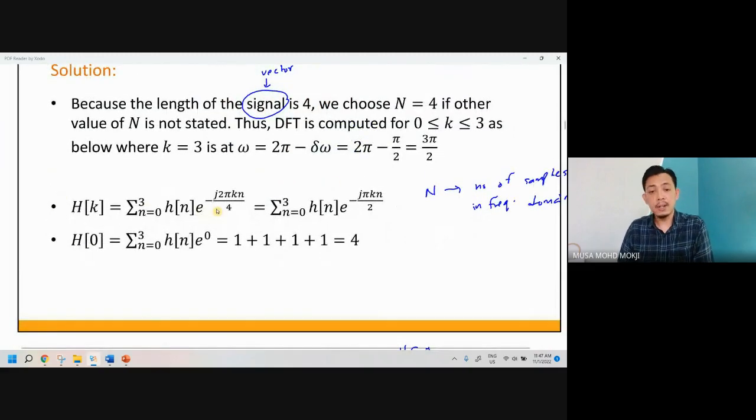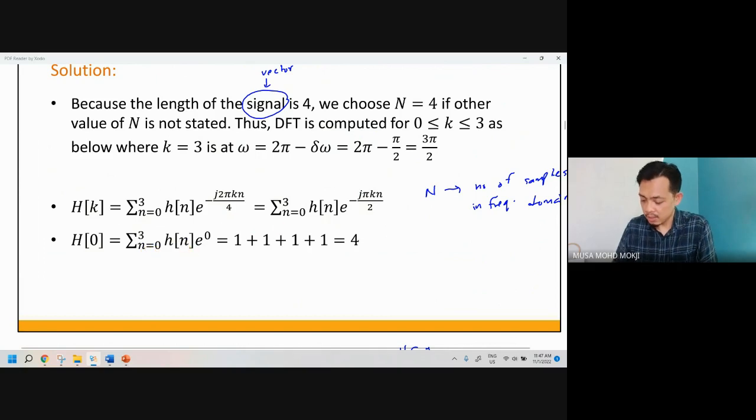Generally we have the sum from 0 up to 3 of hn e to the minus j pi kn over 2, because this is 2 and this is 4, so you slash that and you get 2 here. Then H0 is when we replace k with 0.